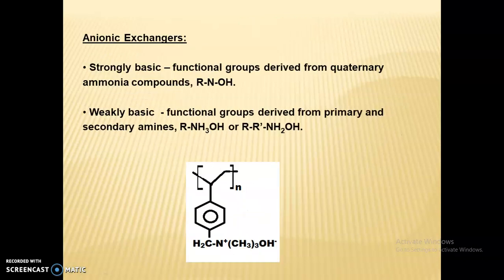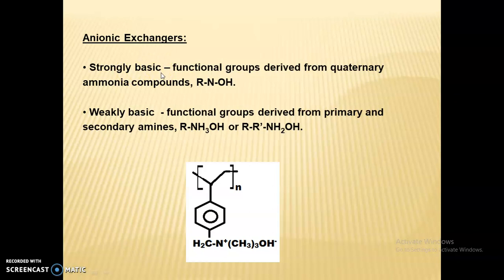But not only cations are responsible for hardness; anions are also responsible. So we have to remove these anions also. On the basis of the nature of exchange, we can divide anion exchangers into two. Similar to the classification of cation exchangers, they may be strongly basic or weakly basic in nature.